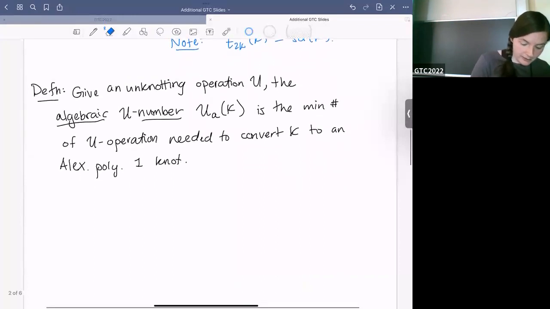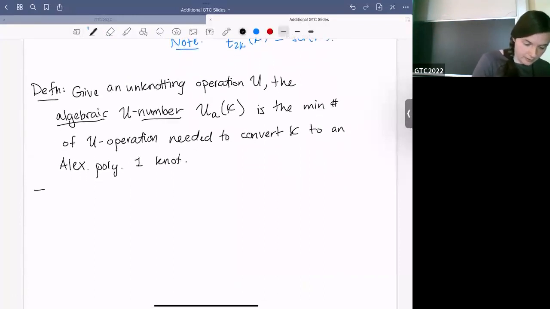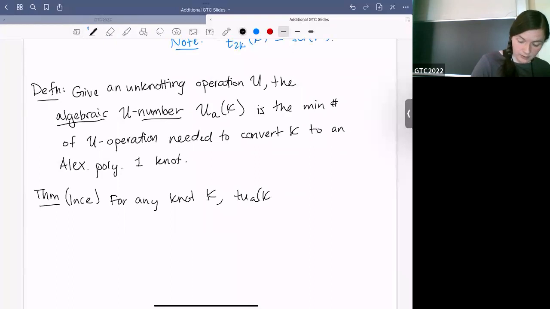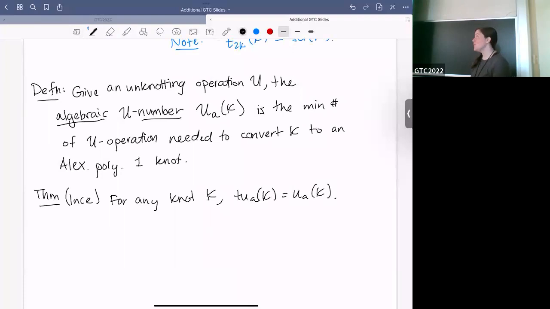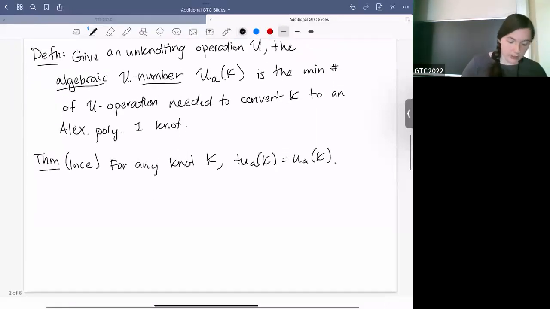Okay, and it's a theorem, Kenan Ince in 2016, that for any knot K, the algebraic untwisting number and the algebraic unknotting number are exactly the same. Okay, so you might think, well, the untwisting number and the unknotting number can be arbitrarily far apart. These 2 clearly cannot be. They're always the same. It's just kind of taking a level of complexity out.